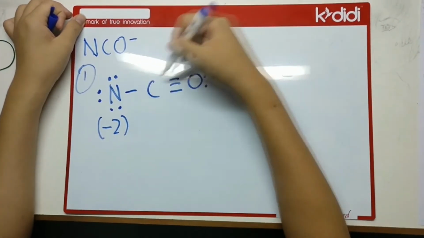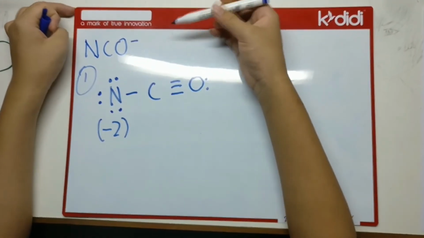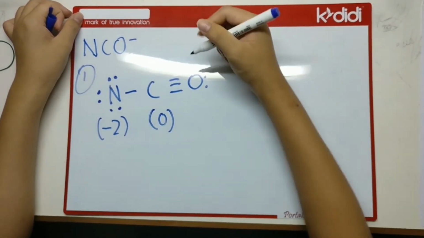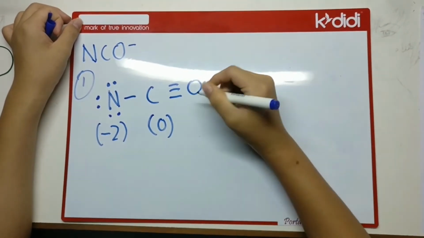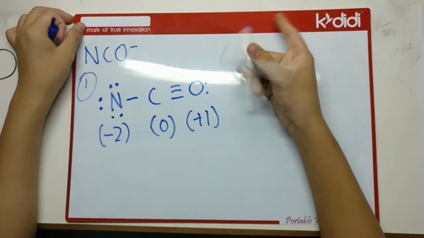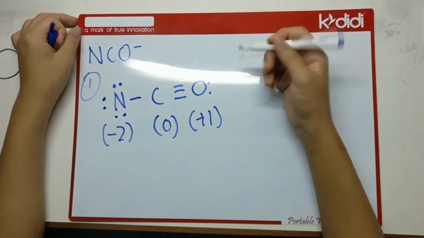But for carbon, 1, 2, 3, 4 is the same as normal. And for oxygen, 1, 2, 3, 4, 5 would be +1, as a normal oxygen atom would have 6 valence electrons.